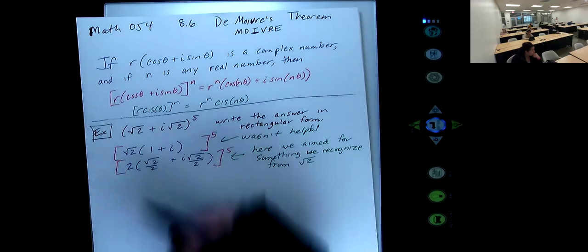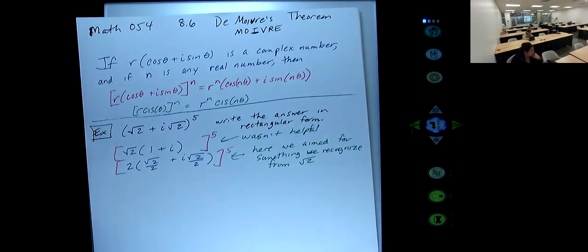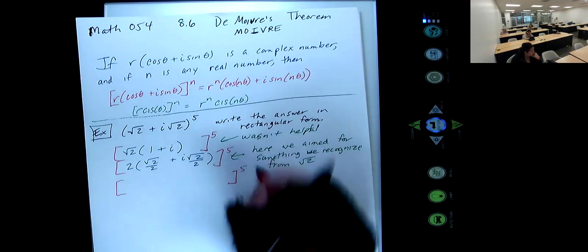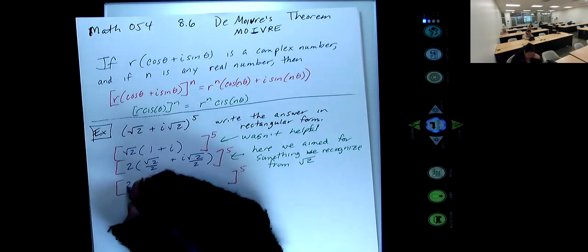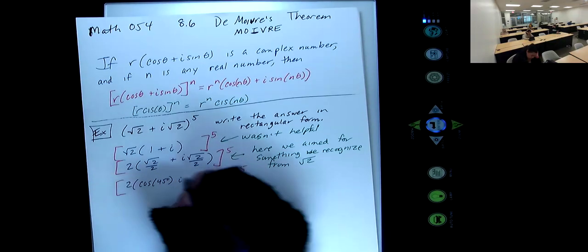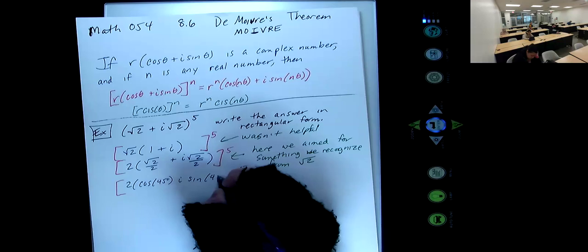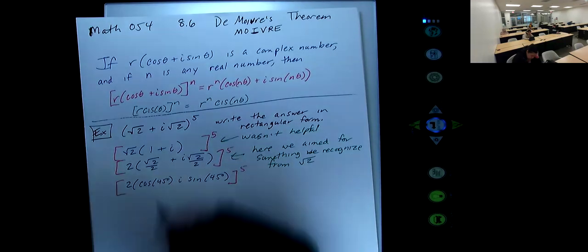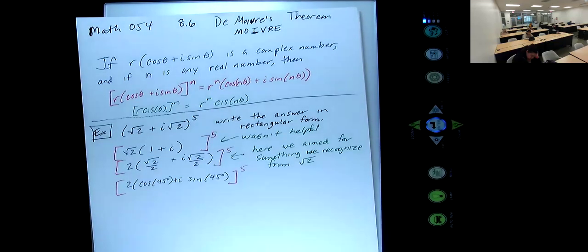What angle would this be? 45. It's 45 degrees, right? So this is like 2 times cosine of 45 degrees plus I sine 45 degrees. And a plus in there.